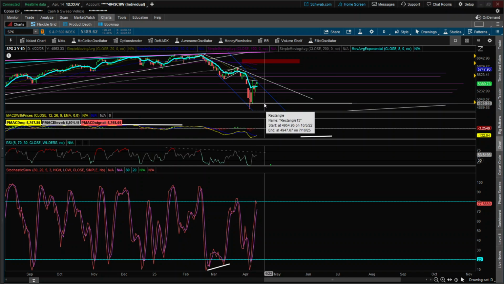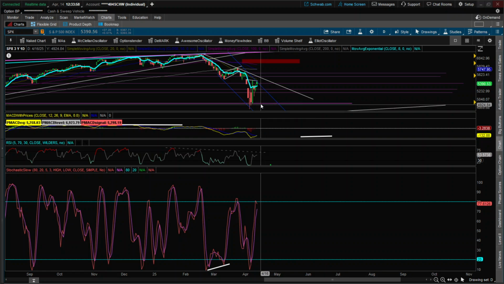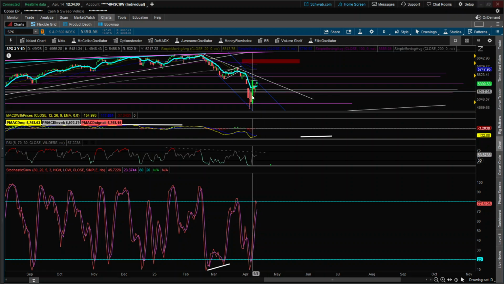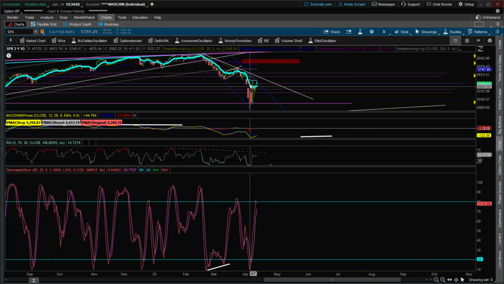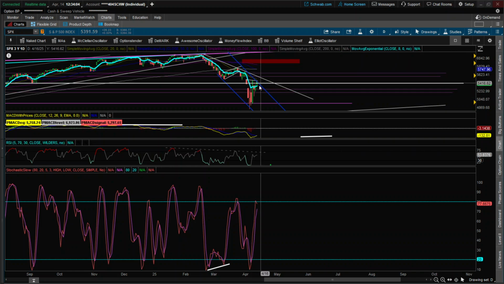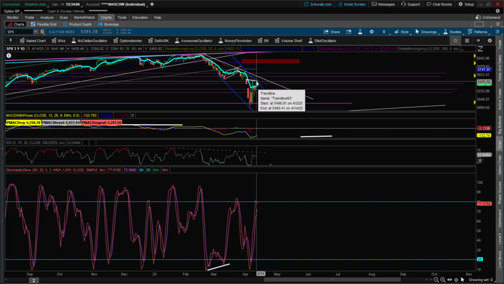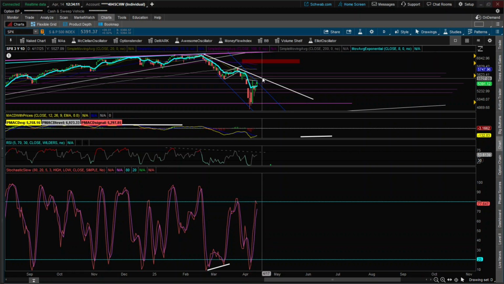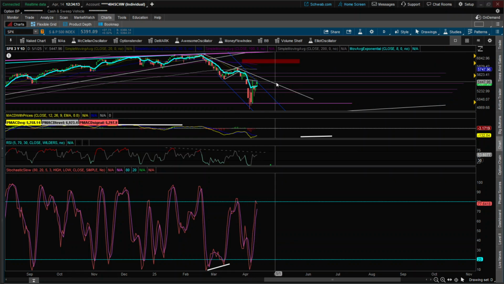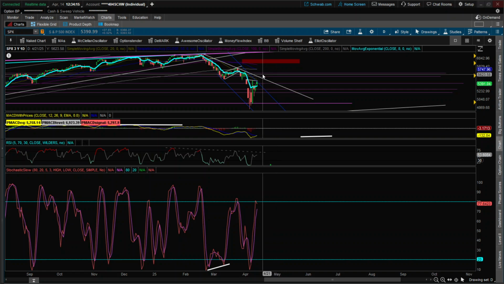So we'll call it 4,950 right here. If we break down, make a new low and regain 4,950, that's going to be a really good sign for positive divergence and breaking highs. And the only other way is if price grinds and really just starts to break the downtrend lines, makes higher highs and breaks this downtrend line here, and just completely grinds each day to the upside.